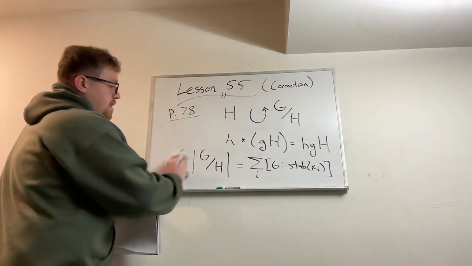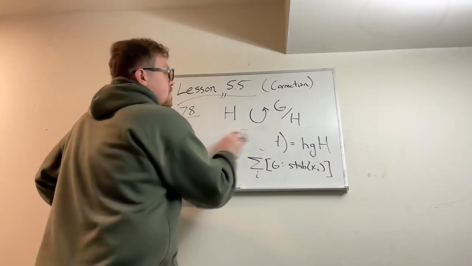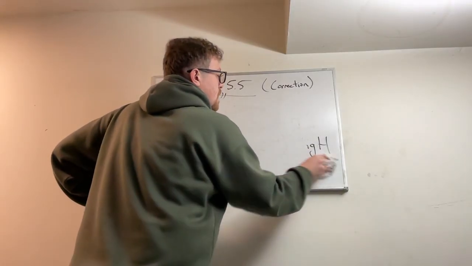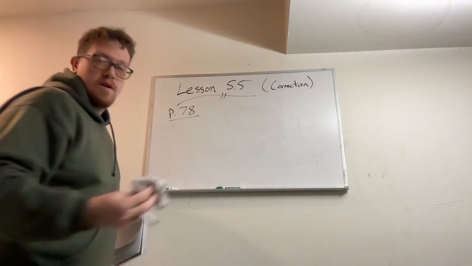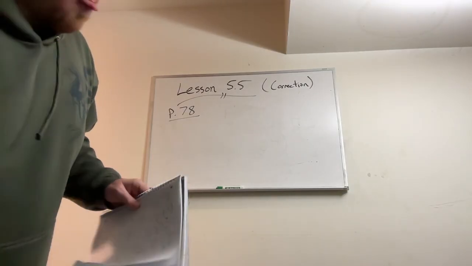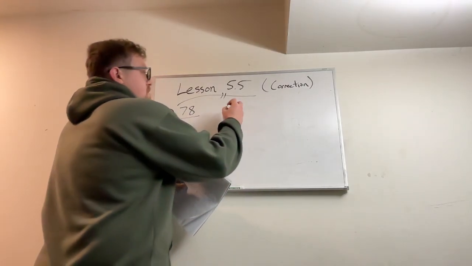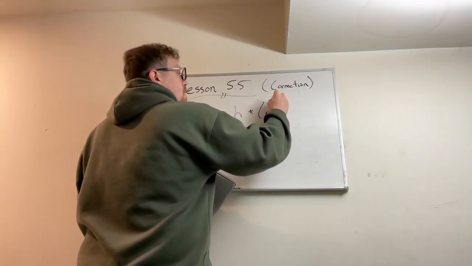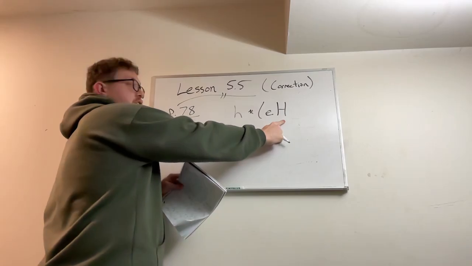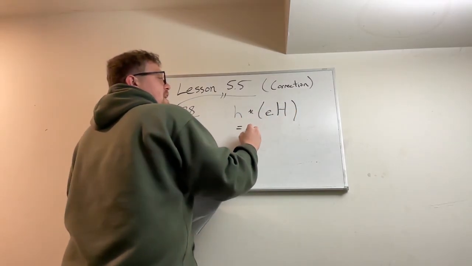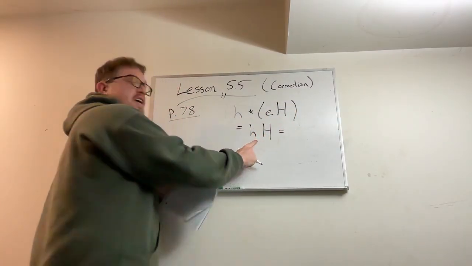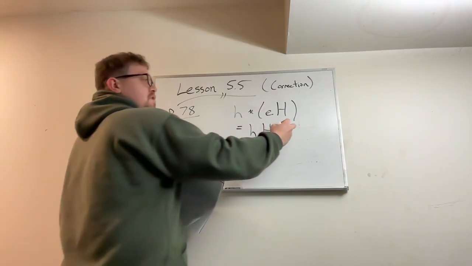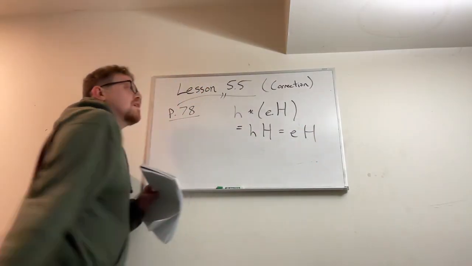I'll just restate what I said at the end there for the next part of the argument. Right, so H acting on the identity coset of H, which is the identity times H. This is equal to h times H, which, since h is in H and H is a subgroup, so it's closed, is just H basically.